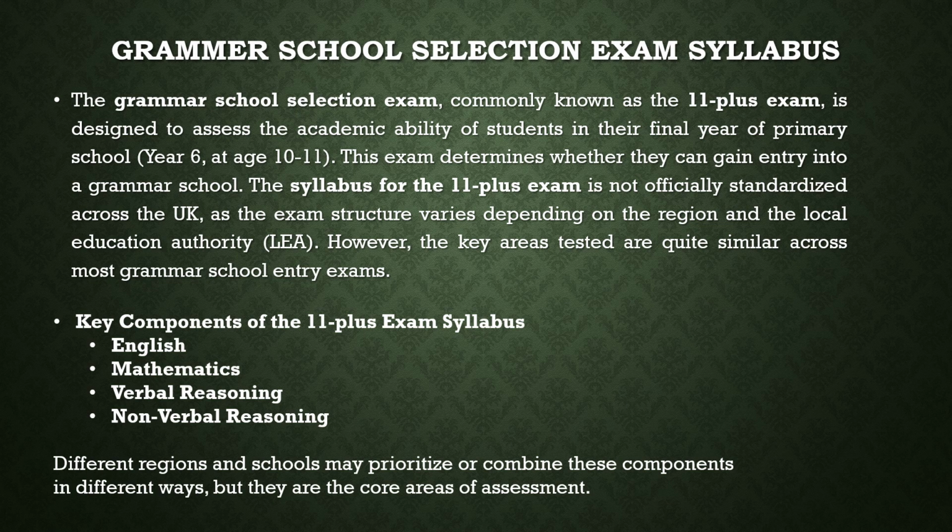We have seen that different regions and schools may prioritize or combine these components in different ways, like giving fewer questions in a certain paper or more questions from one area, or some of them skipping some of the components completely, but they are the core areas of assessment.